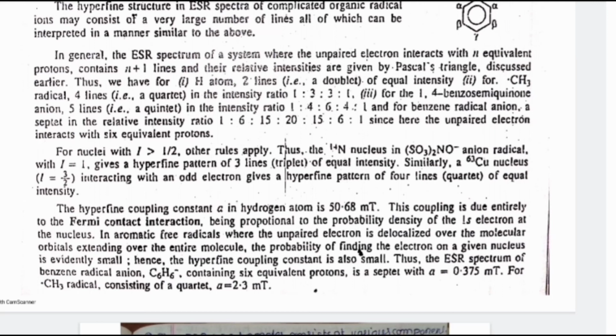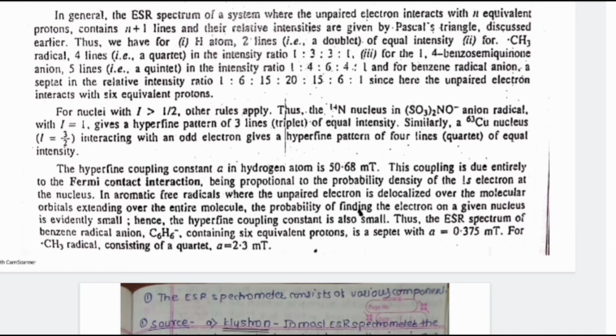So in case of the example SO3 twice NO minus anion, we get 3 lines in the ratio of 1 is to 1 is to 1.